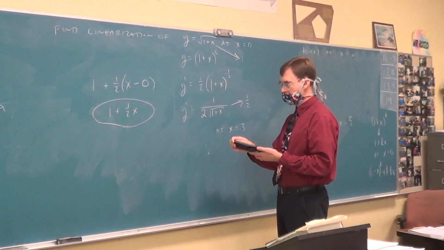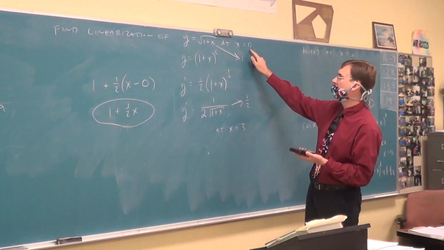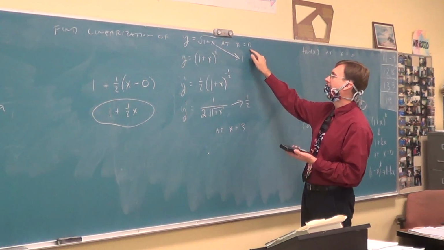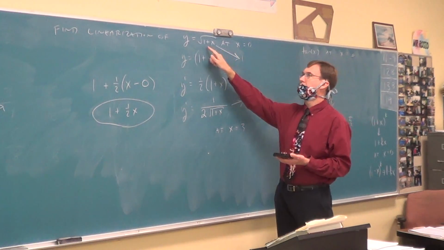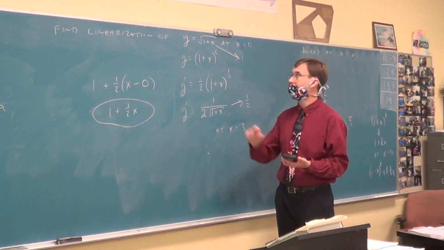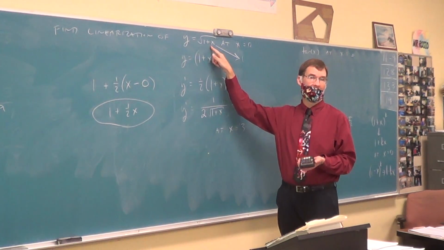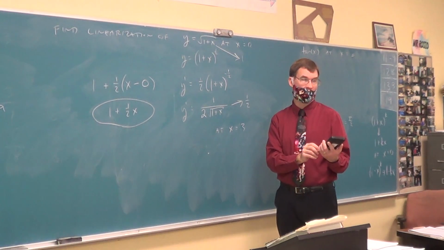But what this would be useful for is, as long as we stay close to 0, like 0.01, back in the olden times, they would not have been real enthusiastic about doing the root of 1.01. You don't care. You just grab your calculator and punch in root of 1.01.